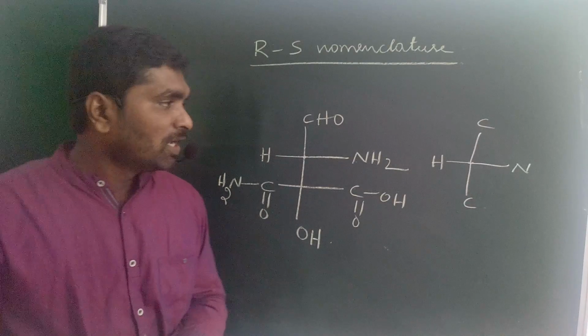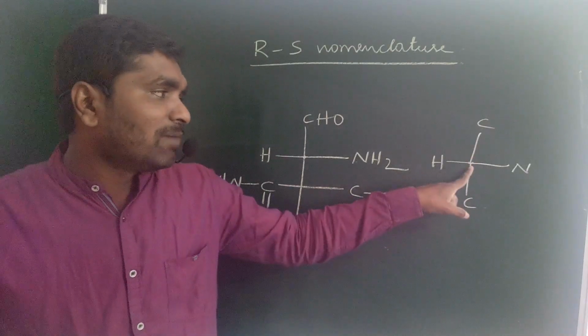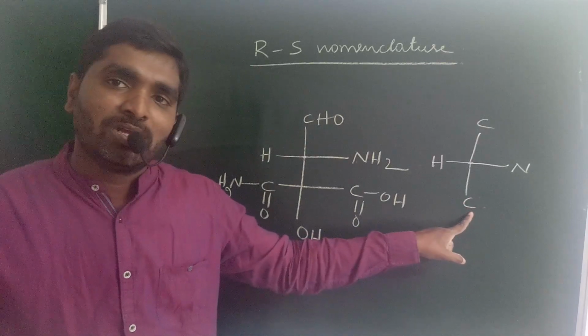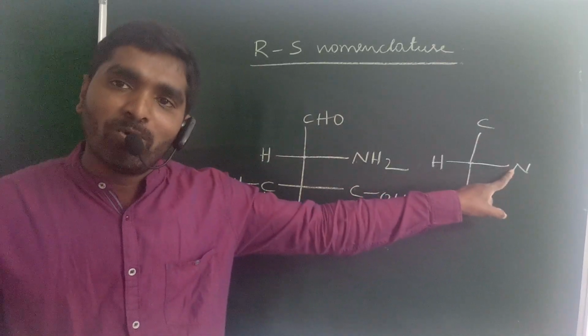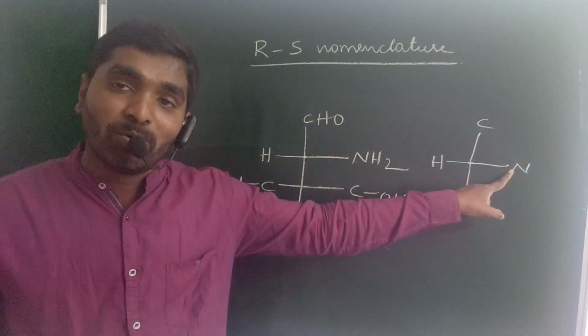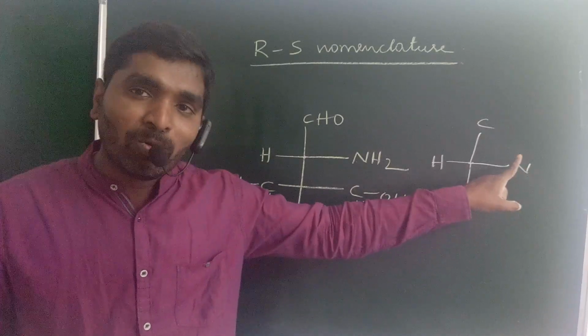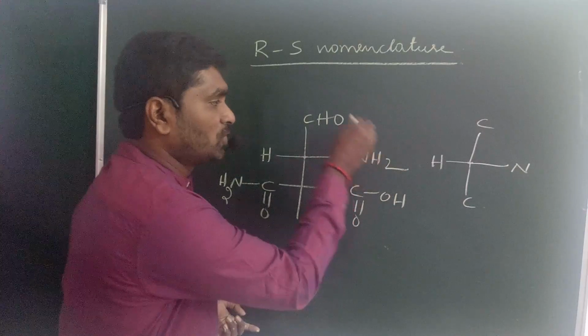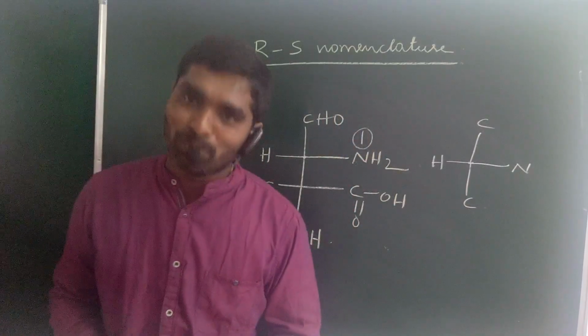Okay. Look at this one. The carbon is bonded with nitrogen, carbon, hydrogen and carbon. You know that nitrogen, having the higher atomic number, is the highest priority group. So the first priority always goes to this group, NH2.